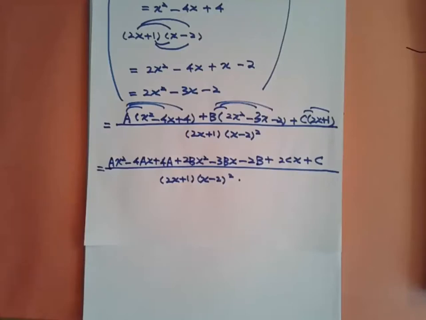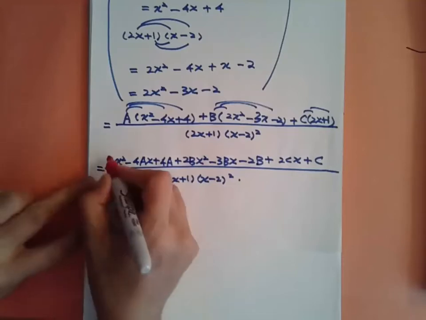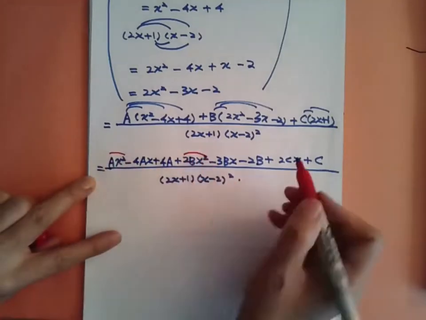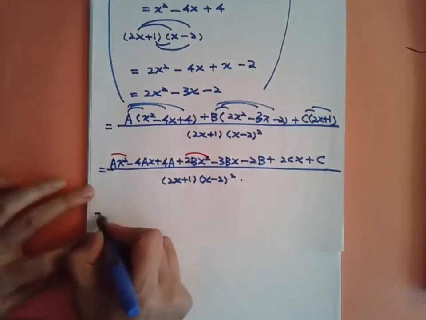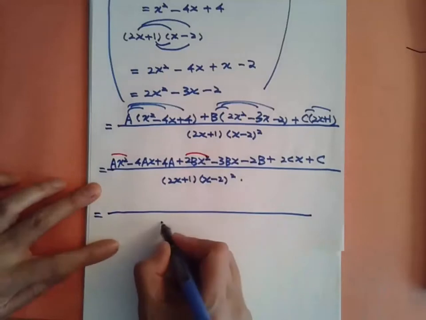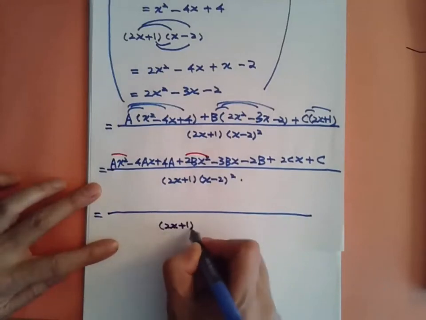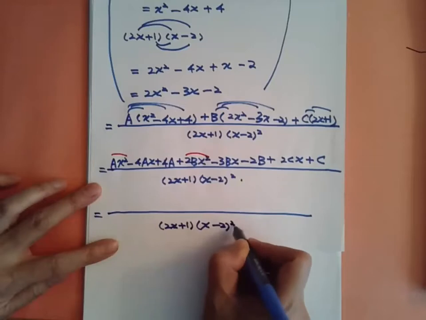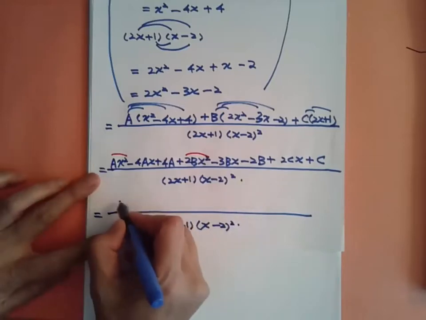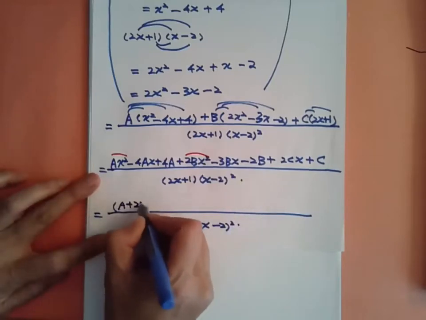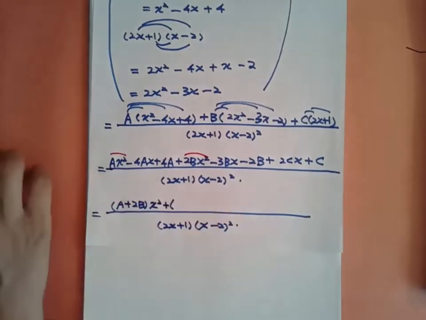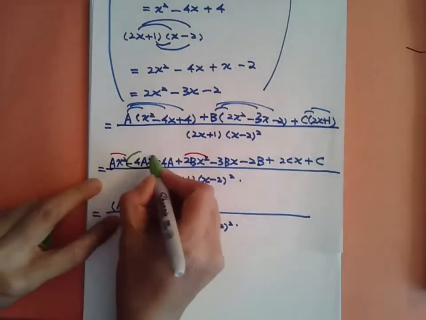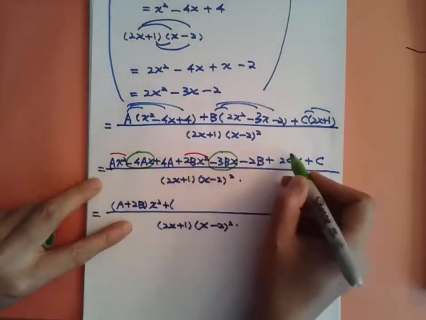And then we combine the same degree term. So these are the same degree. So that is a plus 2b x squared plus, let's sort out x related term.